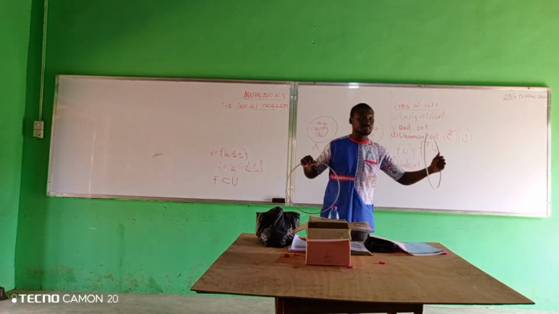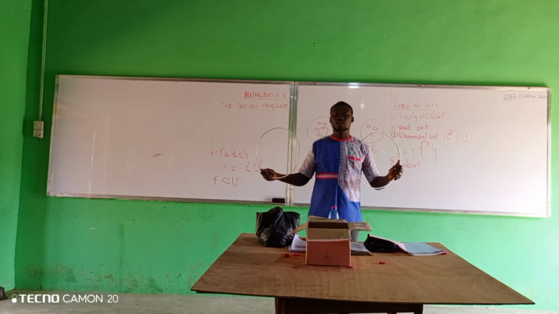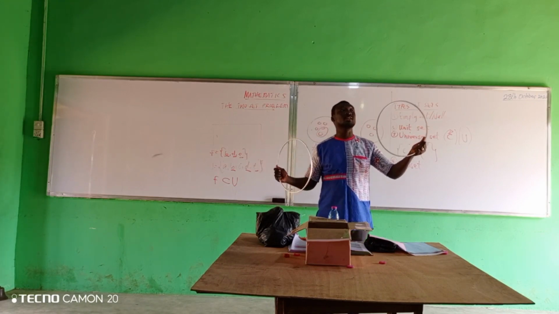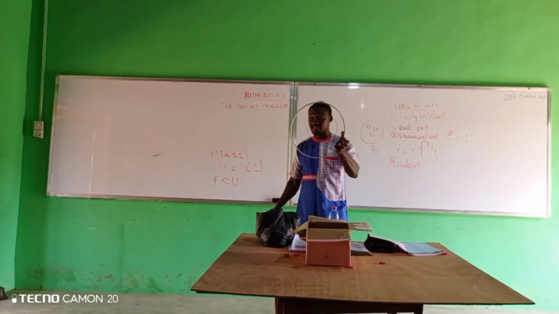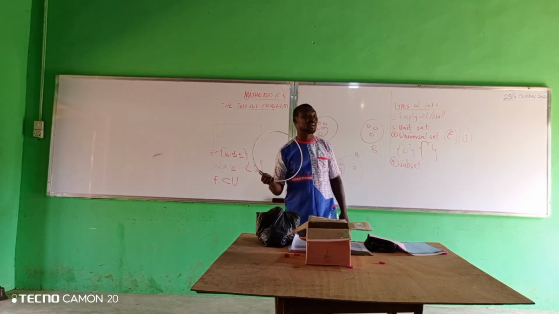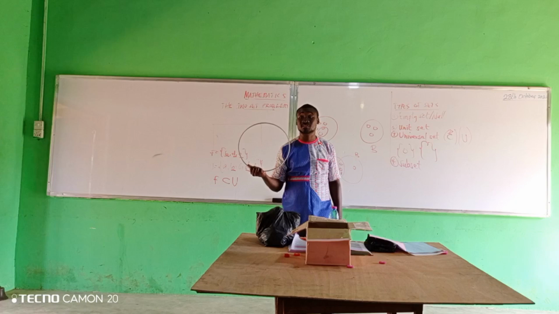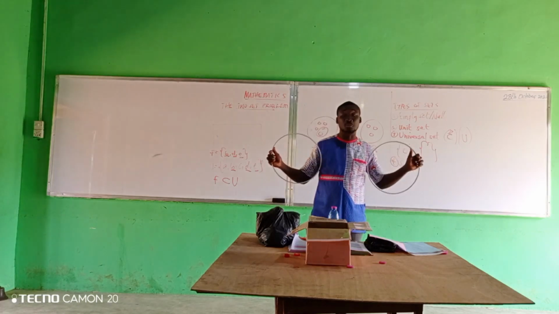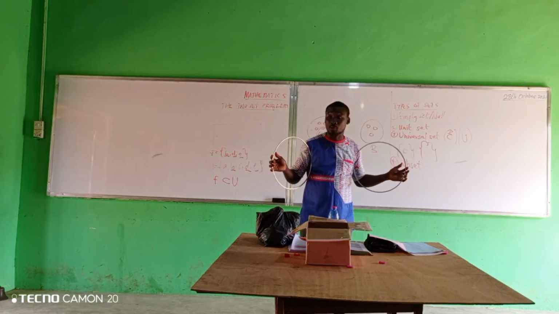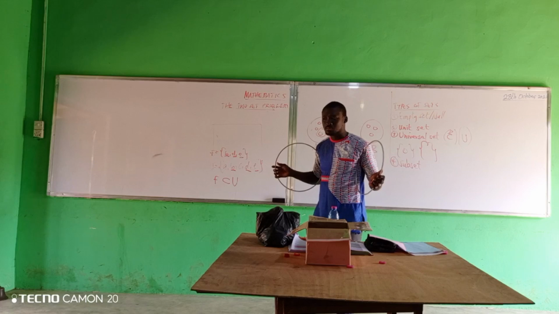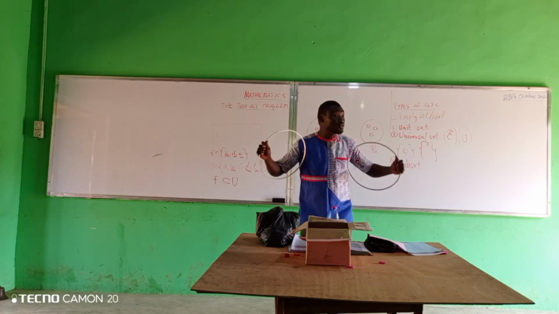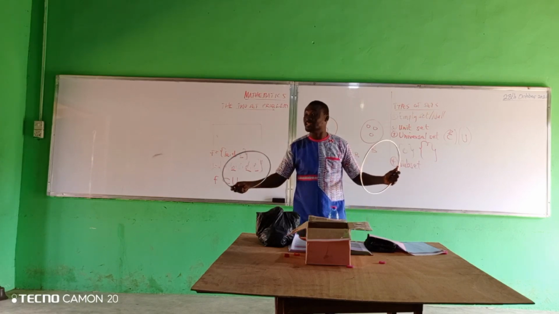If this is a set and this is a set, and this set contains oranges, and this particular set contains pencils, what do the two sets have in common? Oranges and pencils. Nothing in common. And these two sets become a disjoint set.